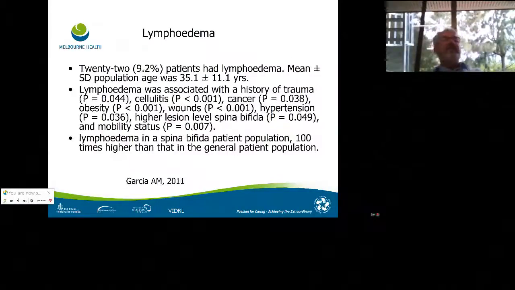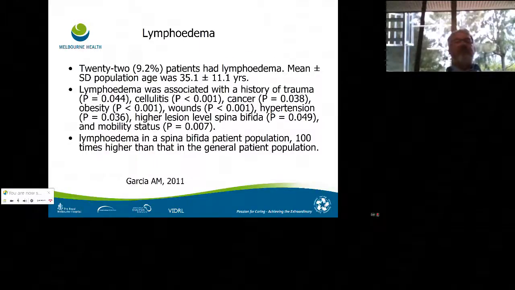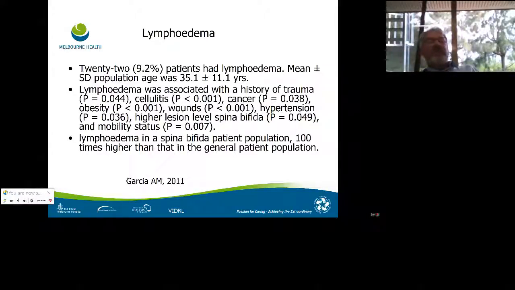So skin, you need to look at skin every time you see a patient. Don't just rely on the patient's statements regarding that. Lymphedema is extremely common, especially with wheelchair users and upper level spina bifida patients.